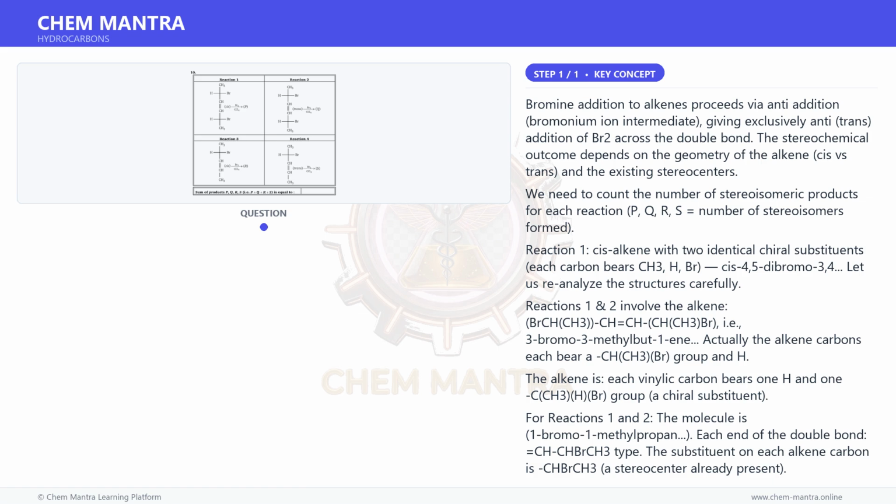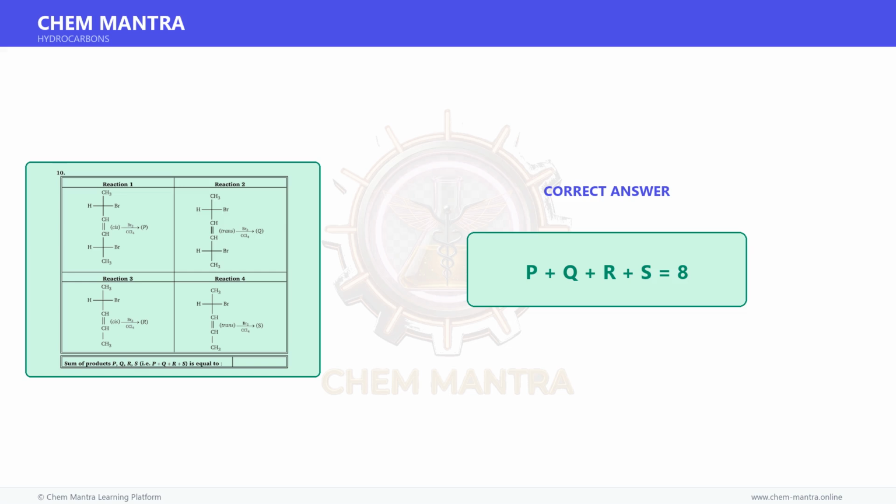Enantiomers of the starting material give enantiomeric products, counted together. Under this interpretation, each product P, Q, R, S is equal to 2, giving P plus Q plus R plus S is equal to 2 plus 2 plus 2 plus 2 is equal to 8. Therefore, the correct answer is P plus Q plus R plus S is equal to 8. The correct answer is shown on screen.